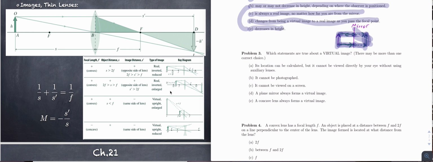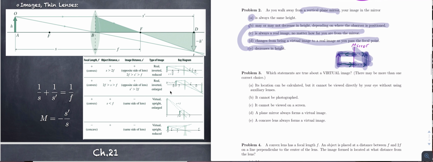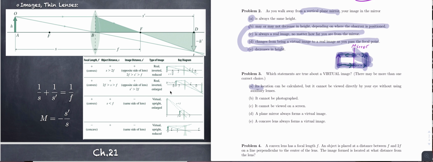Okay, which statements are true about a virtual image? There may be more than one correct choice. Its location can be calculated, but it cannot be viewed directly by your eye without using auxiliary lenses. Well, looking at problem 2, we know this is wrong, because everybody can stand in front of a plane mirror and see their reflection.